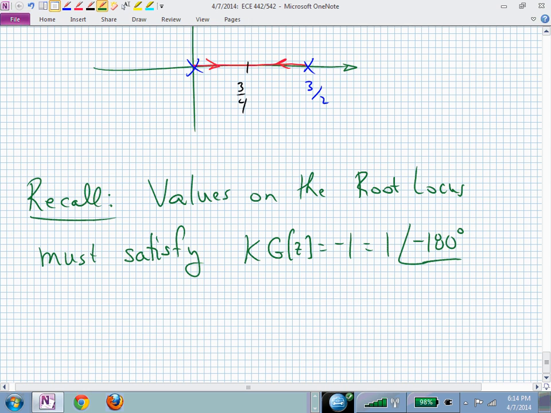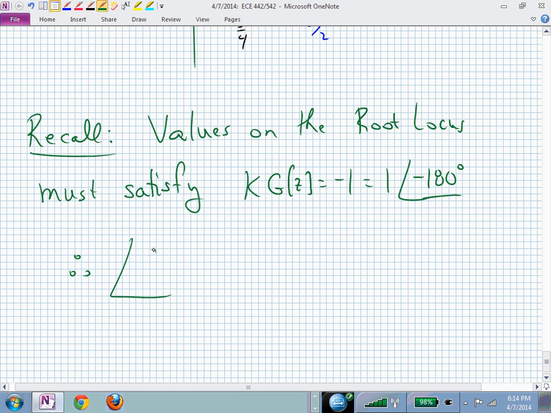And if k is positive or non-negative, then we need the angle of g of z to equal what? If we want the angle of this kg of z to be minus 180, and k is positive, its angle is 0, it's not going to contribute anything.